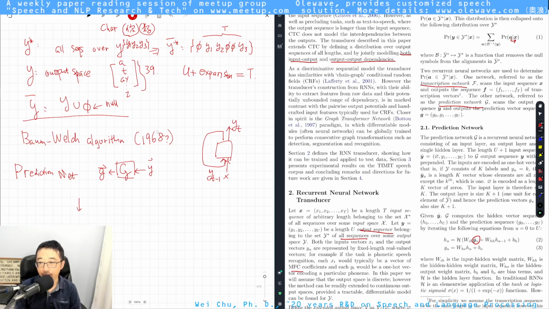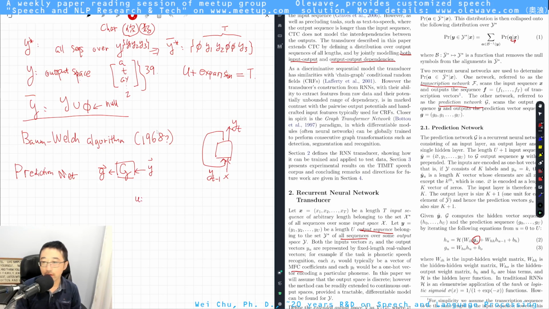I prefer to always draw it upward, so let me draw it this way. This is the input, the current or previous prediction of y up to u. What does the u mean?